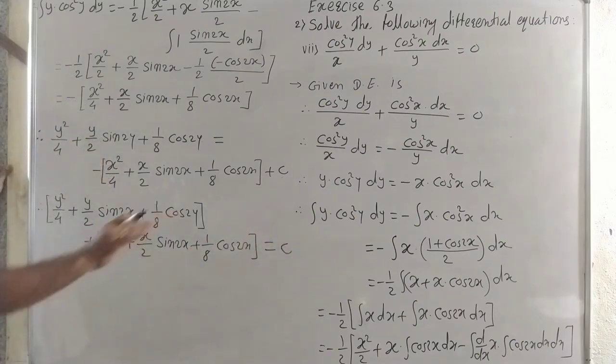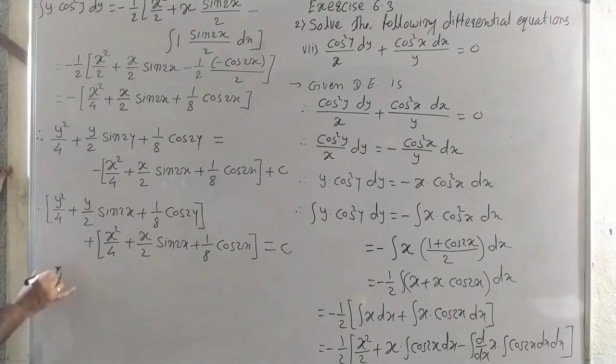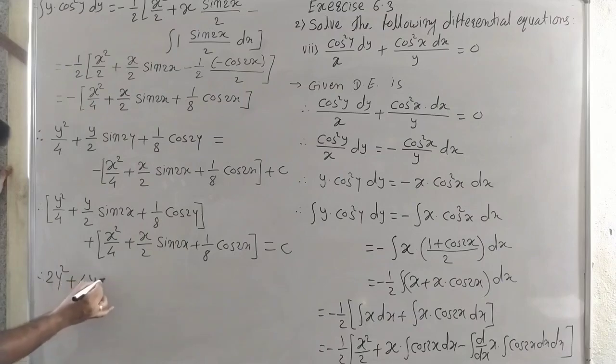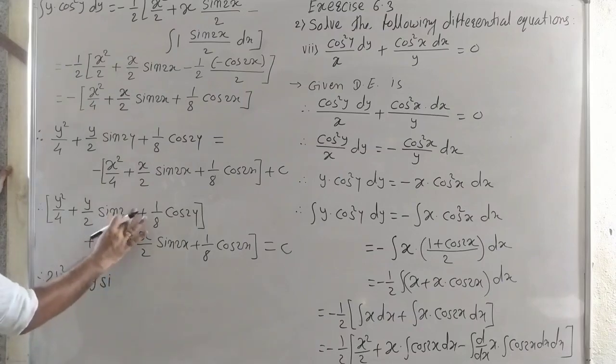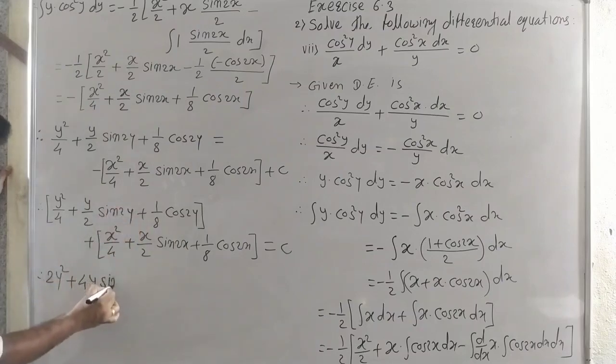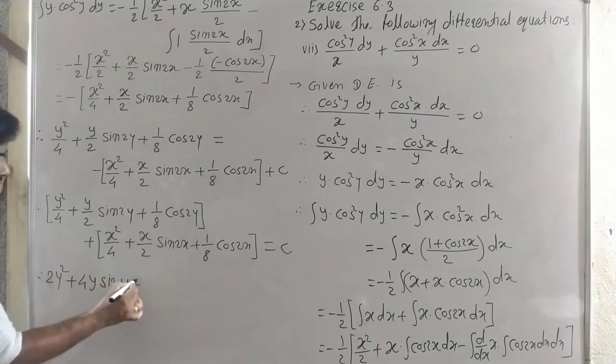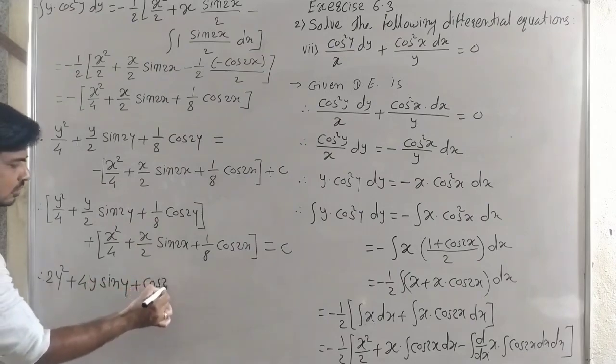Now throughout multiplying by 8, when we multiply by 8 here, it is y square, sorry, it is 2y square plus here it is 4y sin 2y and plus it is cos 2y.